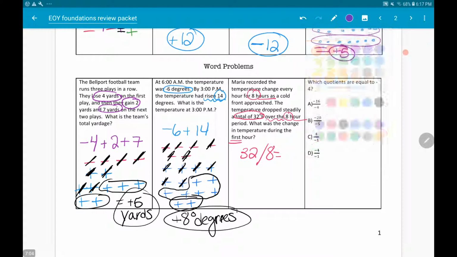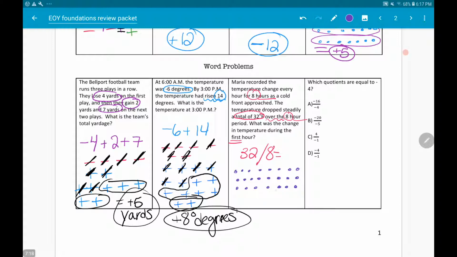Alright, so if I had 32 dots, how many groups of 8 are there? 1, 2, 3, 4. So this is 4. Okay, so 4 degrees in the first hour.